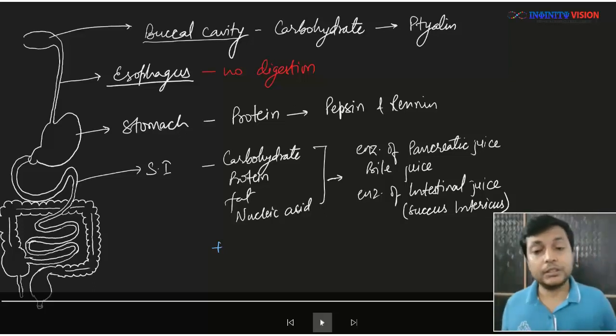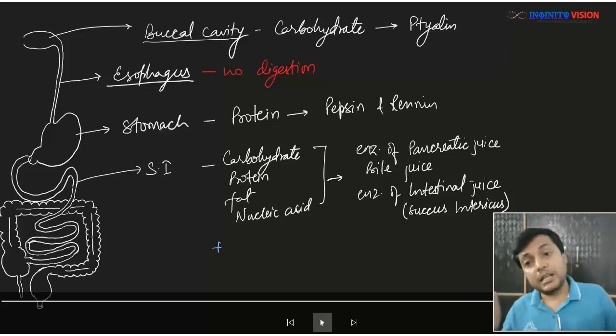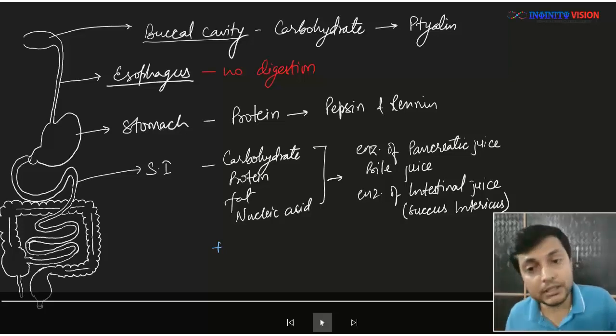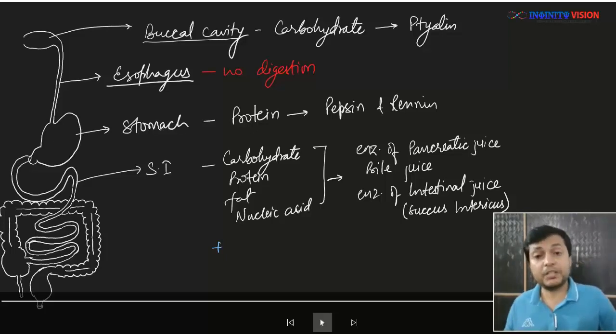Okay, great. So what you see here is that digestion is started in the buccal cavity, where carbohydrate is partially digested, not completely. In the stomach, only proteins are digested, that too partially. In the small intestine, carbohydrate, protein, fat, and nucleic acid, so everything remaining, whether partially digested or undigested, is digested.